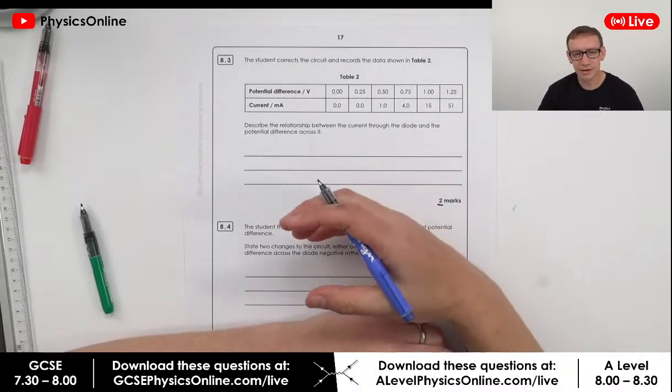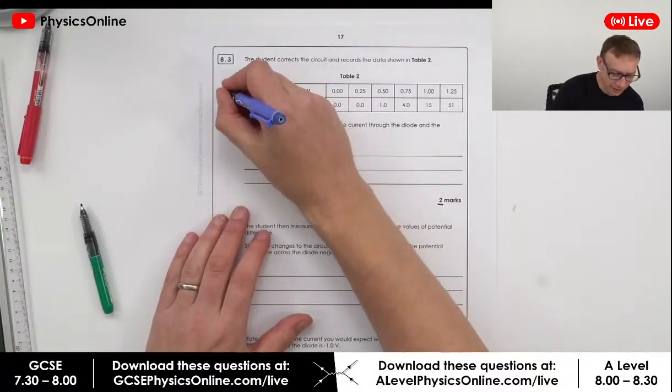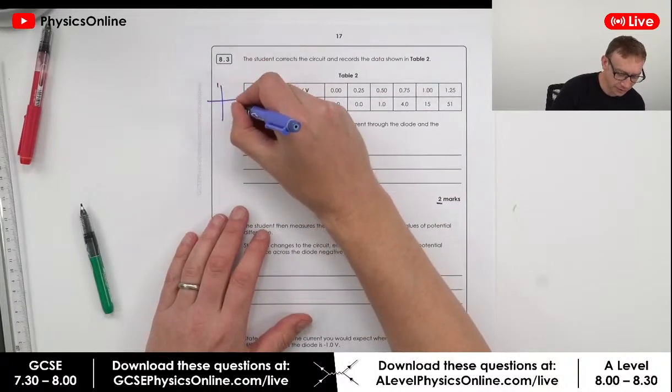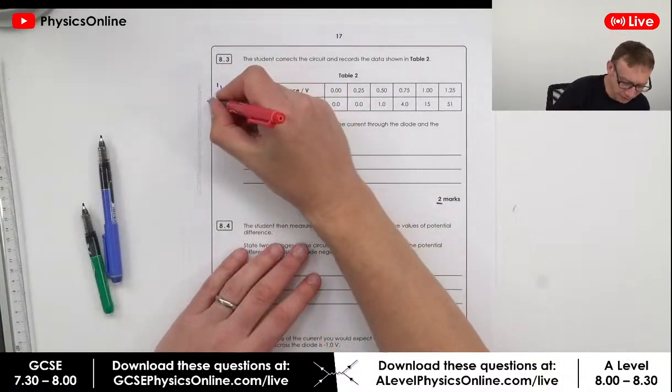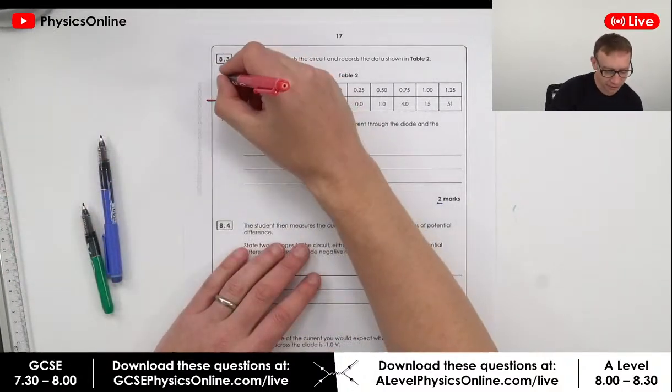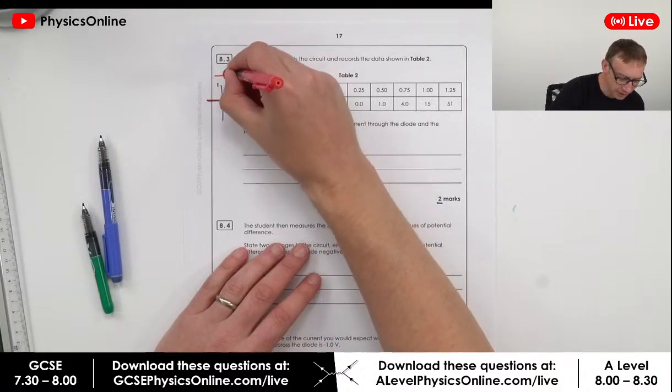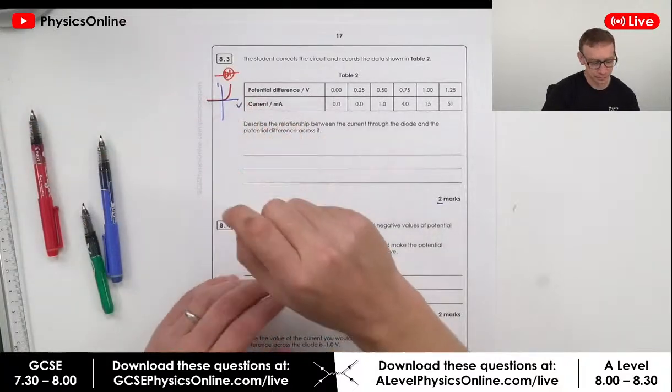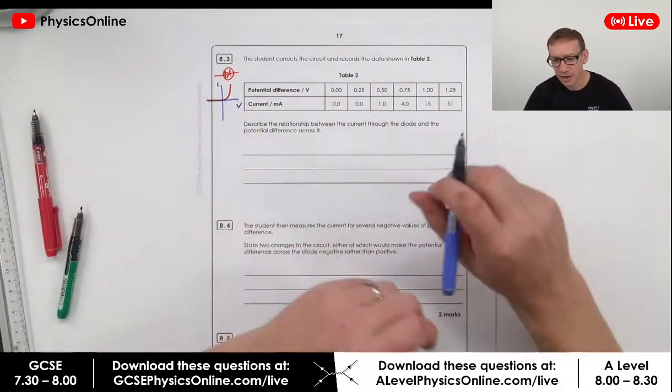And the other thing is that normally we see this on a graph. So normally you'd have an IV graph and you'd have data plotted. So you'd see a curve that looks like that. Again, this is the kind of curve that all of you should be familiar with for a diode. But we've just got some numbers here.